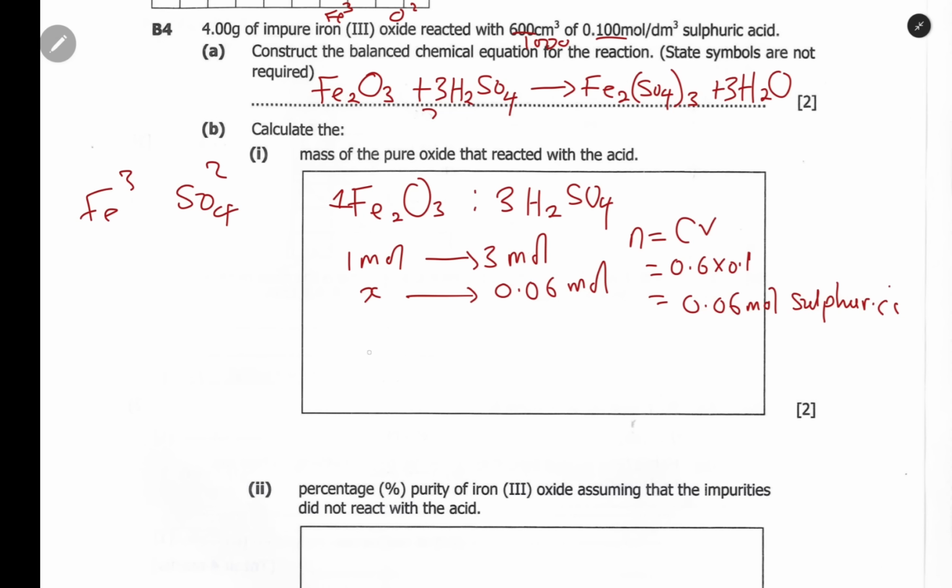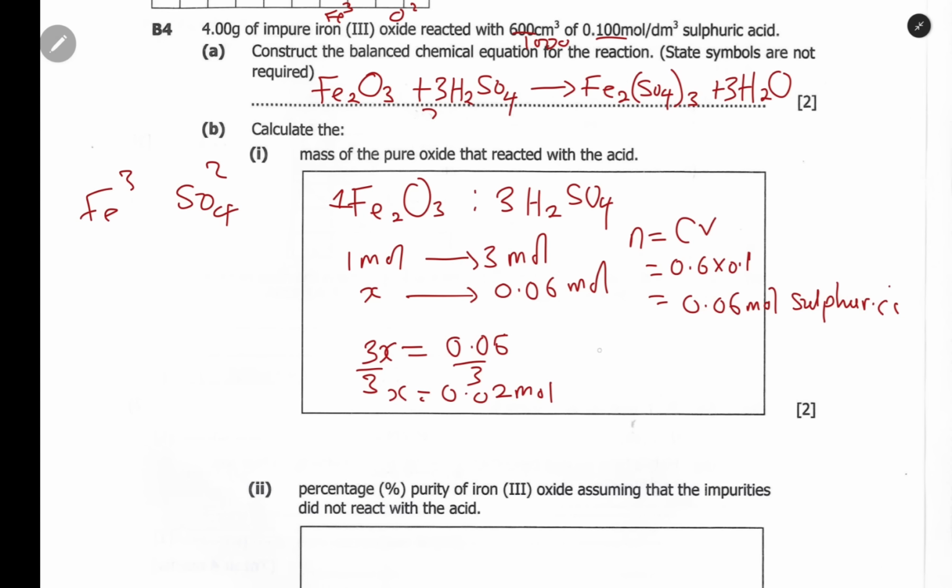So we cross multiply. We are going to have 3x is equal to 0.06. Divide by 3, x is equal to 0.02 moles. These are the moles of pure oxide.